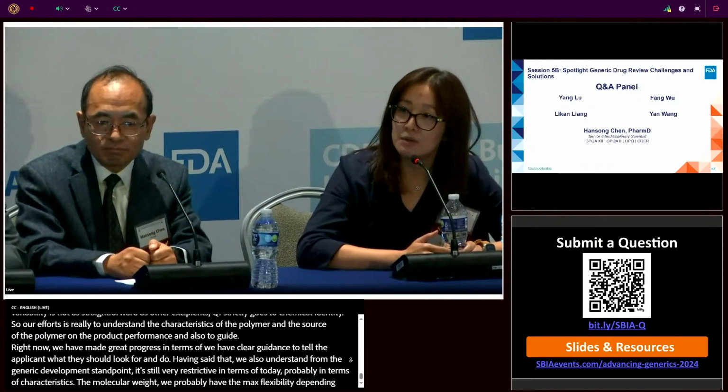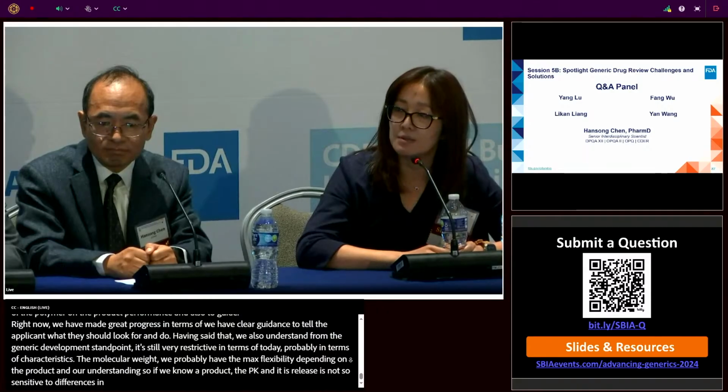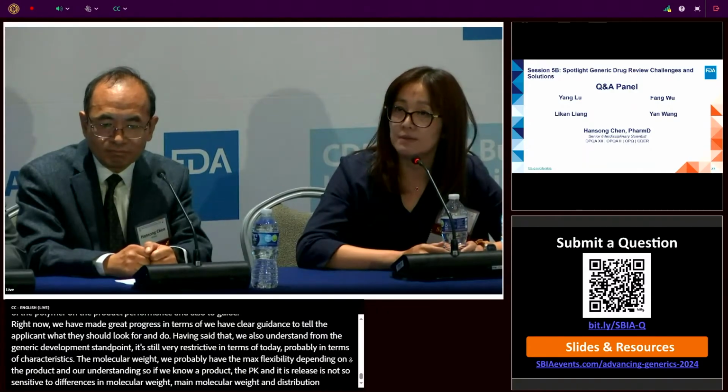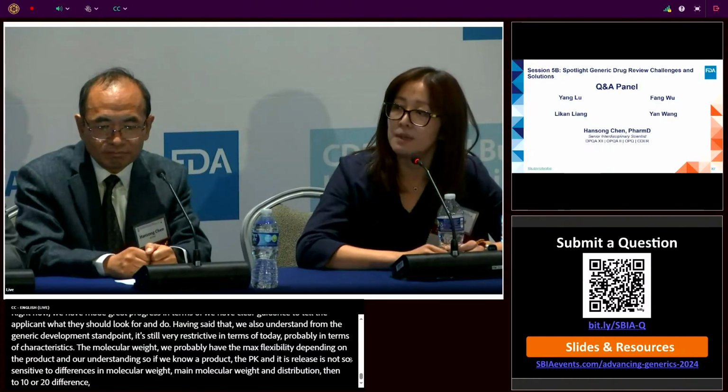If we know a product's PK and release are not so sensitive to differences in mean molecular weight and distribution, then on face value, if we see a 10 to even 20 kD difference in the mean molecular weight, we would still consider that the same polymer.